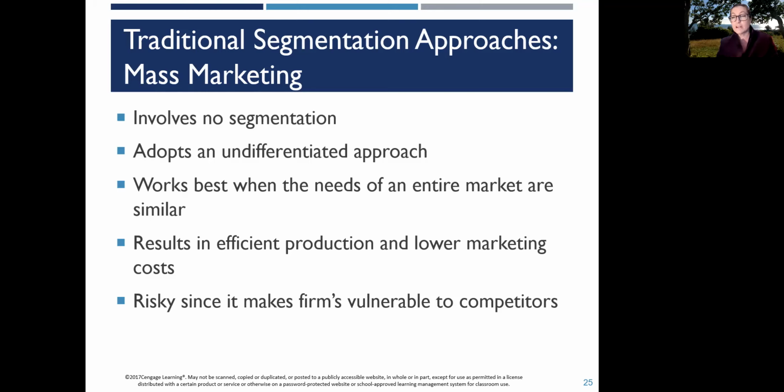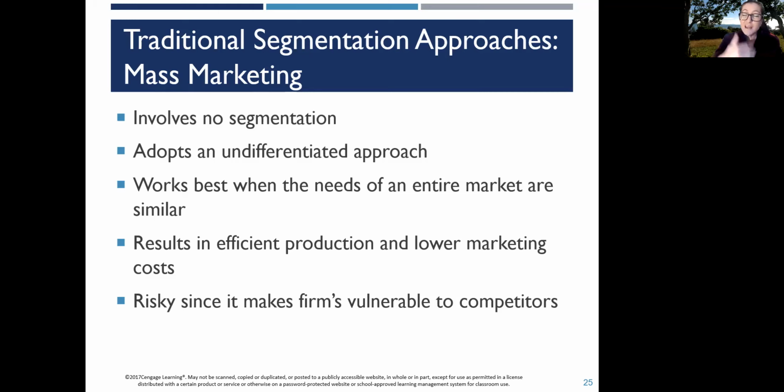So competitors might come along and say, all right, we're recognizing that the total market here is made up of specific segments. And just like Ford does today, Ford takes a differentiated approach, right? So the Ford trucks are marketed for a specific segment of consumers.